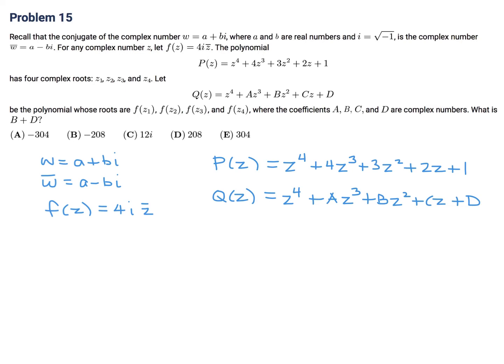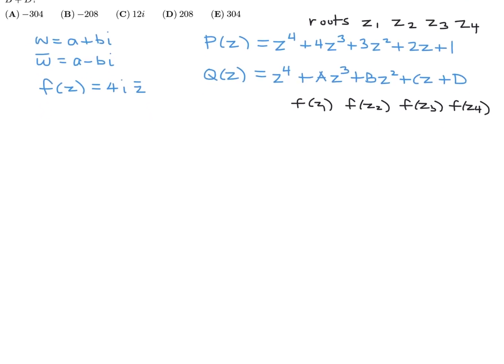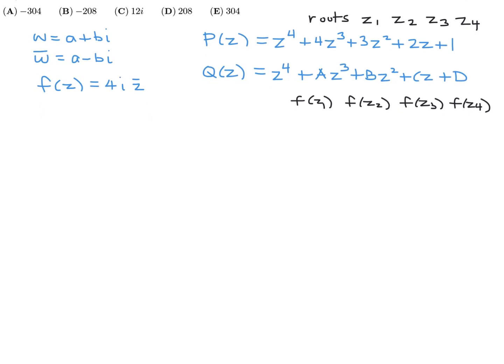So for the first one, the roots are z1, z2, z3, and z4. For this q of z, the roots are f at z1, f at z2, f at z3, and f at z4. Got it? Okay. So that is the heart of the question in terms of the setup.